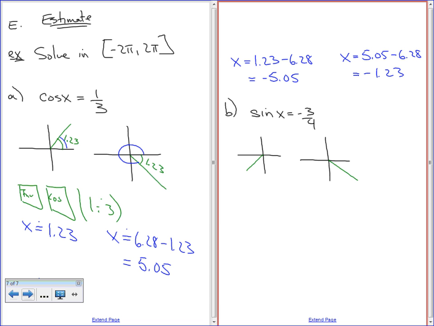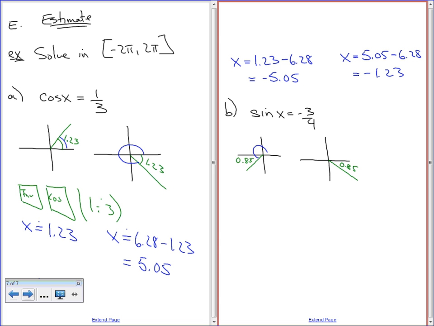What is the answer to that? What's the size of the related angle? Rebecca? 0.85. So 0.85.